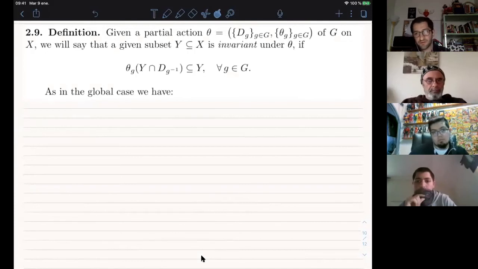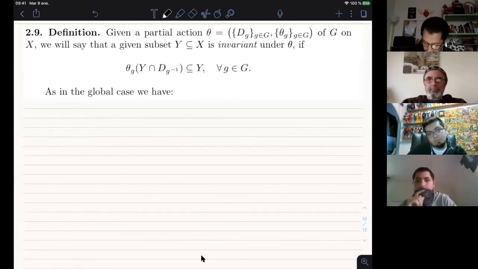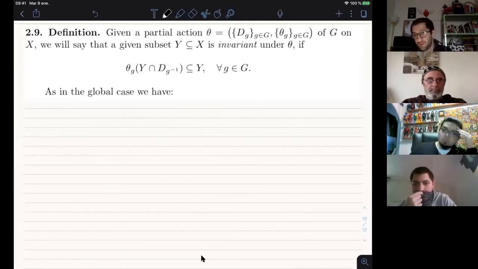There's nothing strange here. The only thing is that a set is going to be invariant if we apply every element of the group in a reasonable way, which is shown here. Then we get inside this set again.